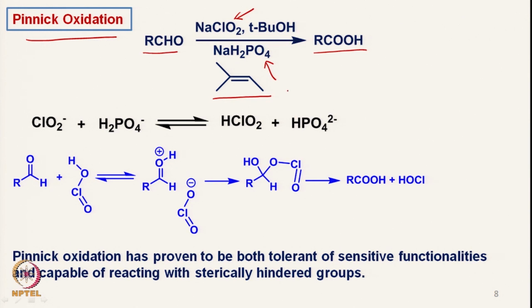In this particular reaction, 2-methyl-2-butene is used as an acid scavenger, which is basically to take care of the hypochlorous acid that is formed in the reaction.